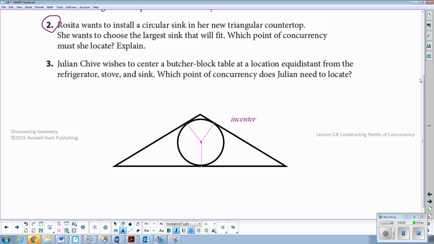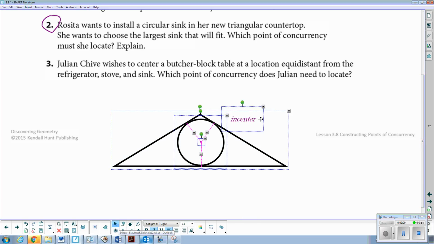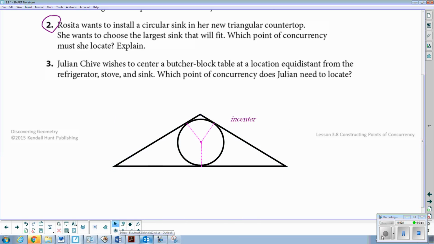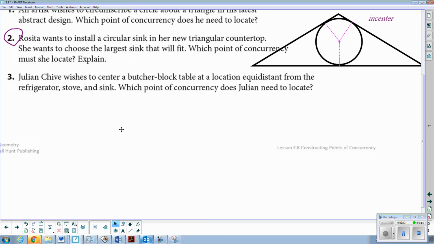All right, the next one, number 3. It says that Julianne Shive wishes to center a butcher block table at the location that's equidistant from the refrigerator, stove, and sink. Which point of concurrency does she need to locate?